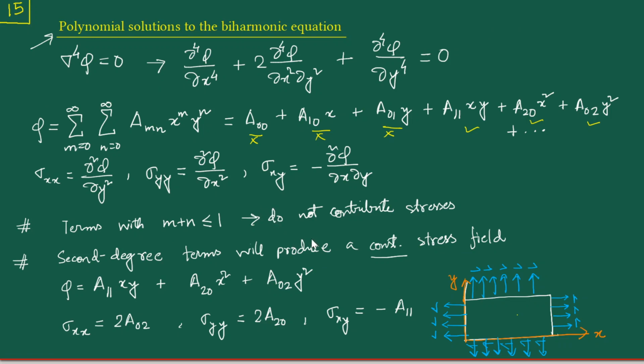But this is just, as I mentioned, very basic preliminaries. Okay. So if we want to apply this to actual problems, we have to start thinking about the boundary conditions which must be satisfied.